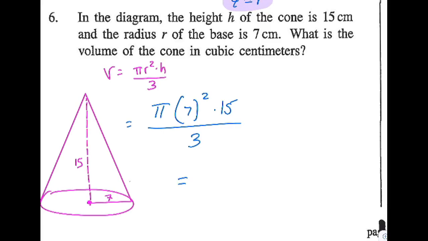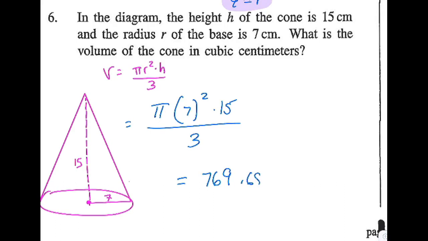You calculate that all out on a calculator, you get 769.68955 cubic centimeters. And what I see here is they didn't tell us to round it off to a certain decimal place, so we'll leave it like that. Don't forget your label, cubic centimeters, because we have volume.